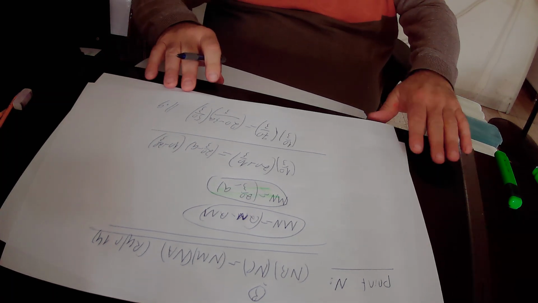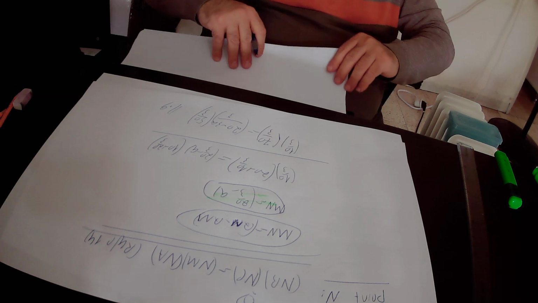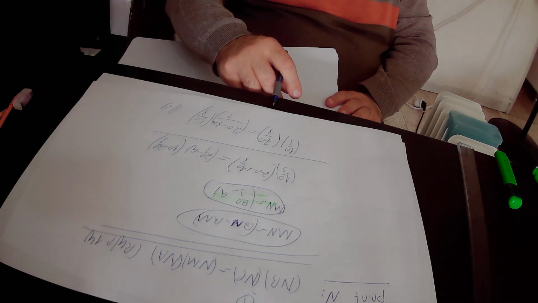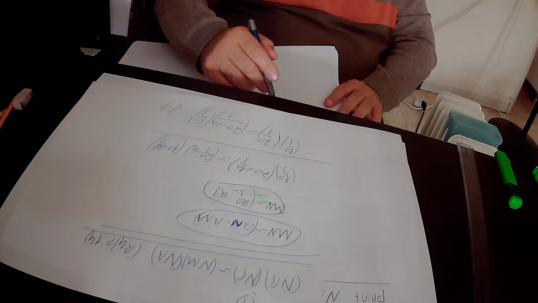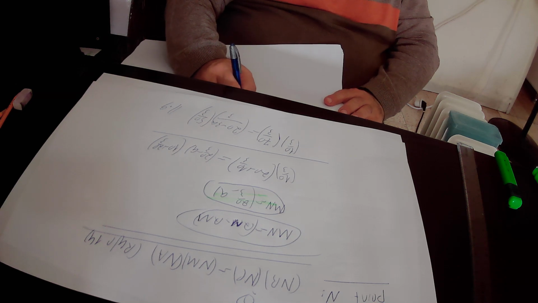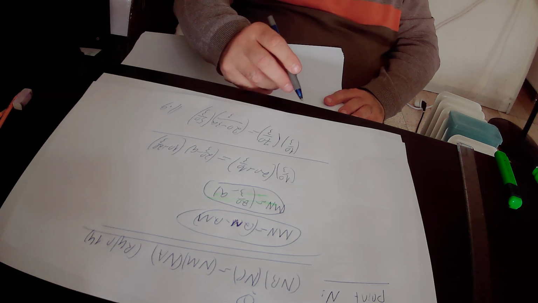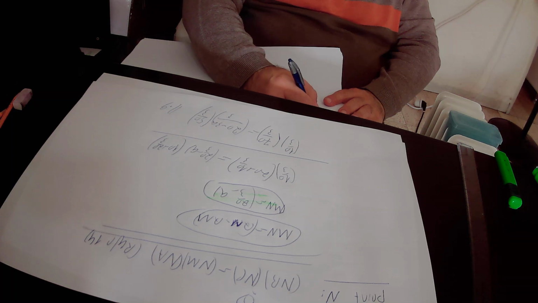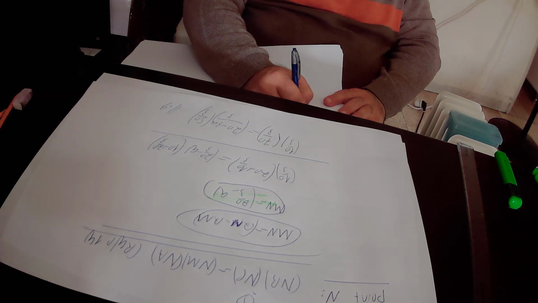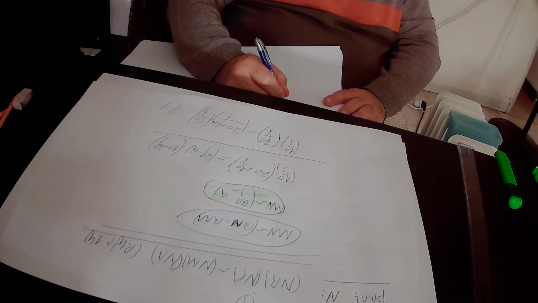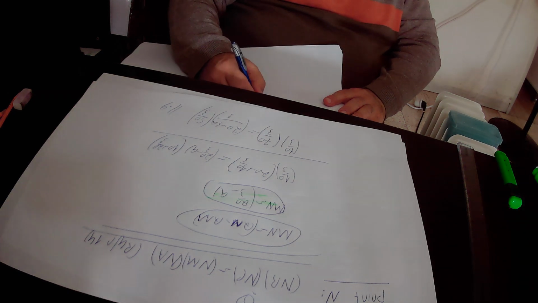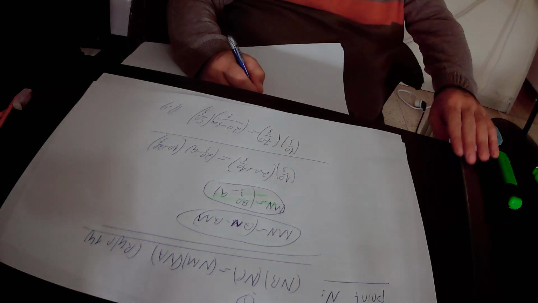And after we cancelled 9 on both sides, we are left only with the numerators: 10 times 70 equals 20 minus 3A times 50. Repeat again.